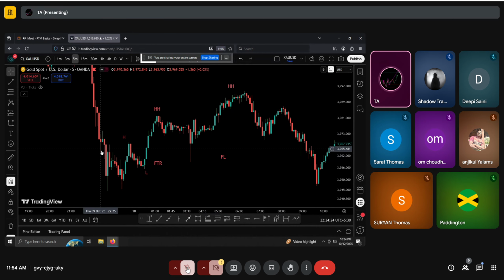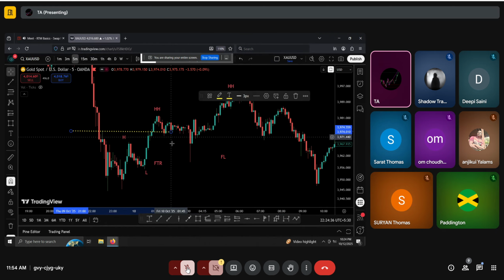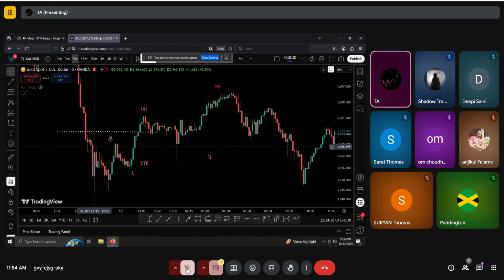This came back, goes up. This was the resistance level, and here, price goes up, breaks here, pulls back, goes up again.